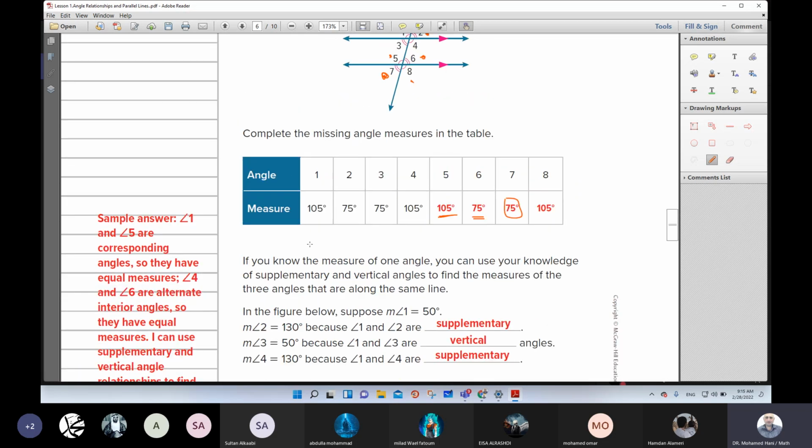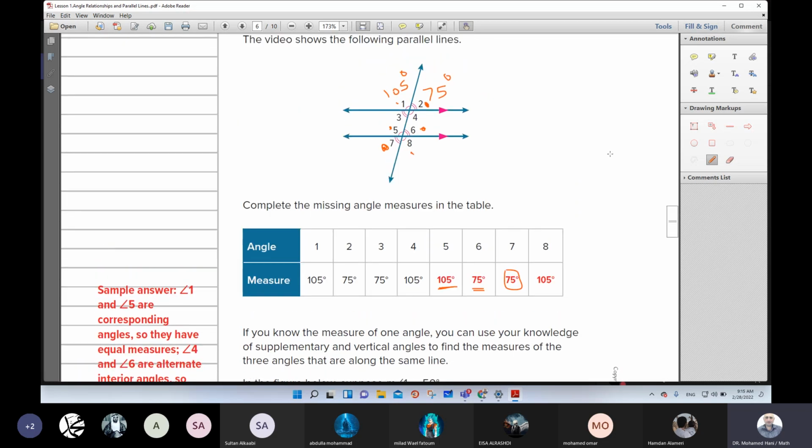My question now for all: what is the type of this angle? Who can tell me the name of this angle?